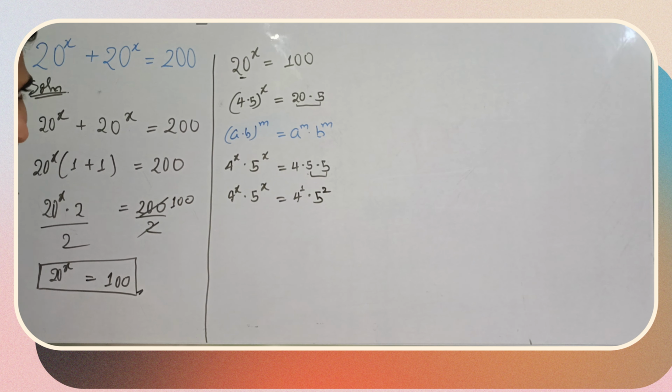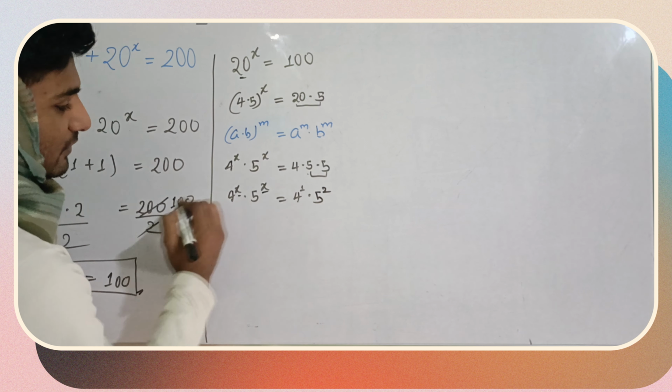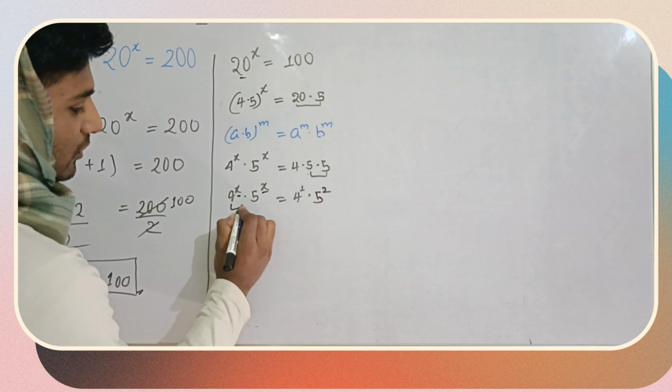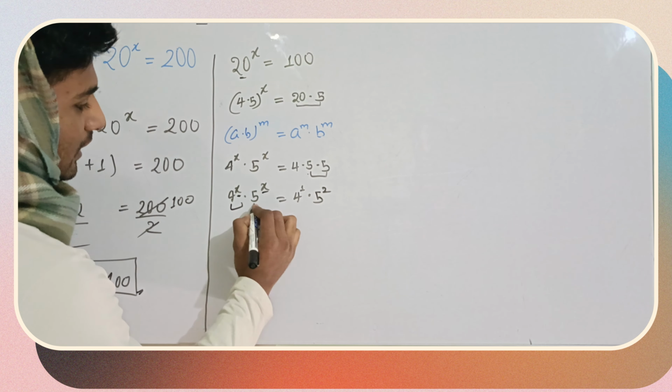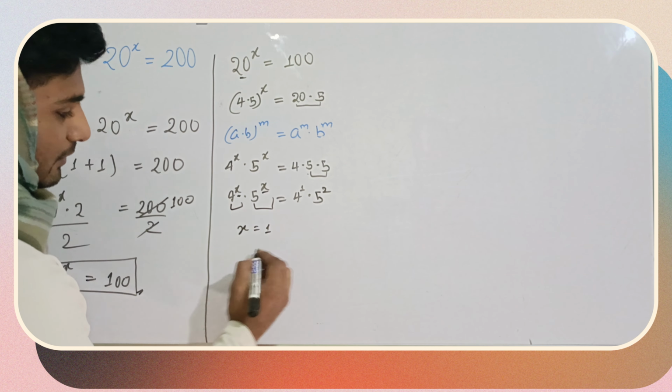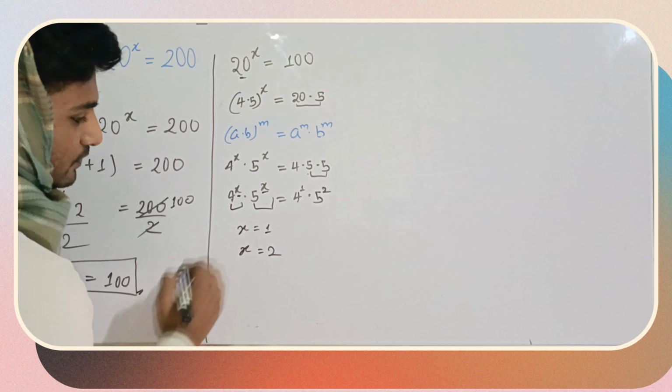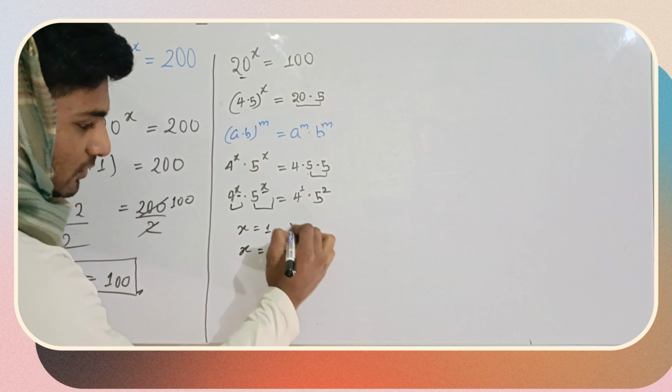Now what they do is equate the exponents. So from 4 we get x is equal to 1, and from 5 raised to the power x we get x is equal to 2, and this is wrong.